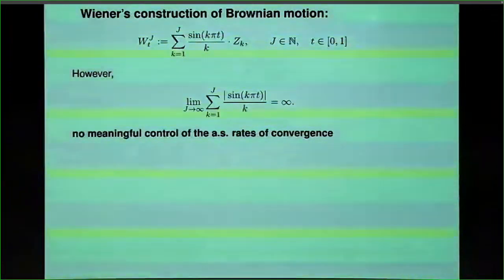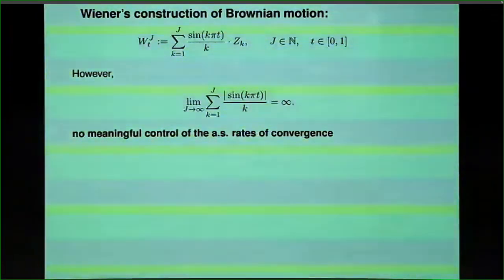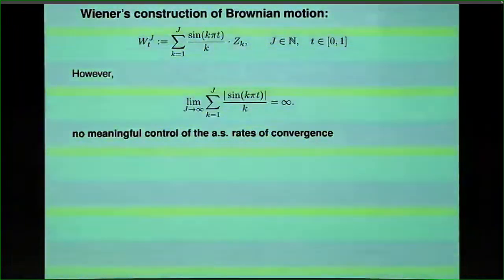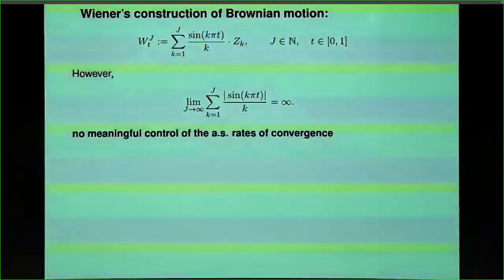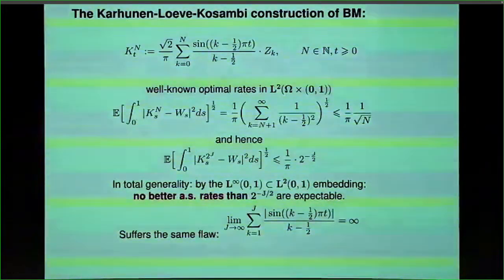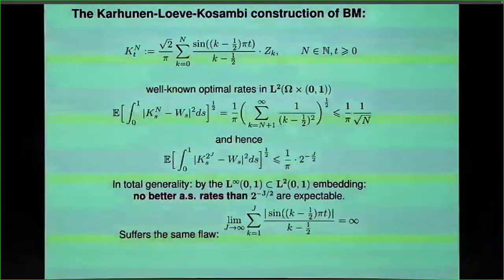If you want to do this almost surely, of course, the problem is that this sum does not converge absolutely. If you do the same with the Karhunen-Loève construction, you have the same problem. The good thing is that in L2 there are known optimal rates, and of course you can estimate them like this.